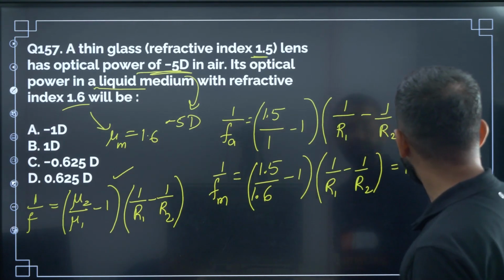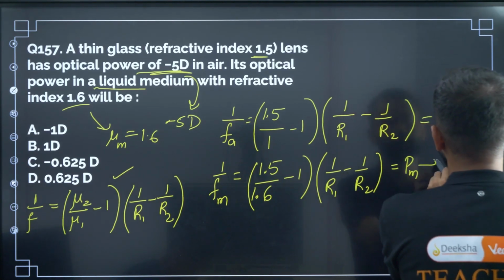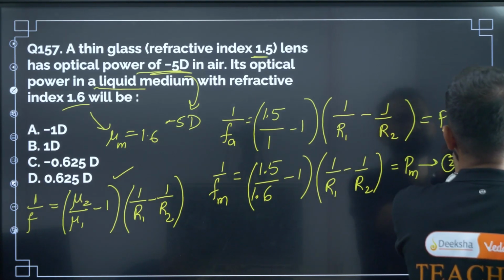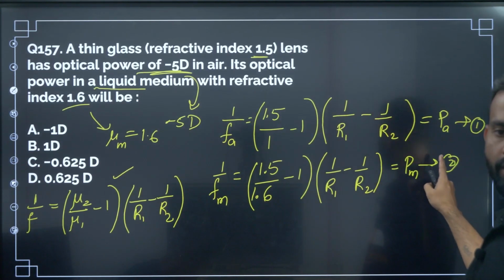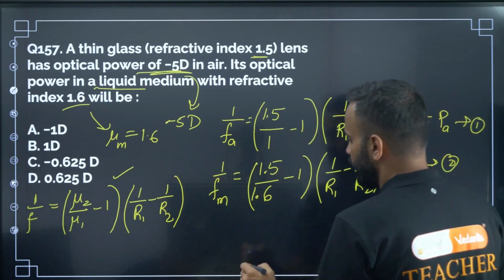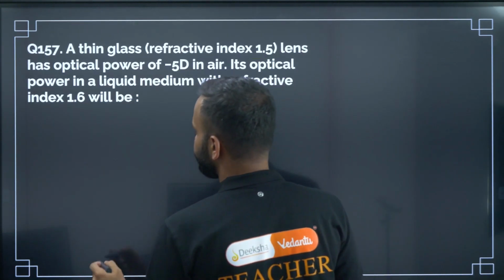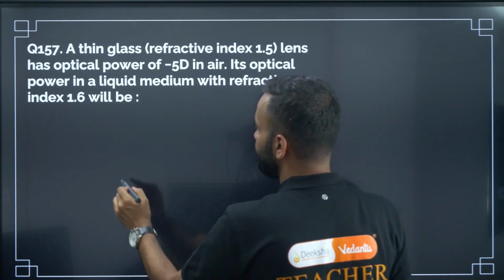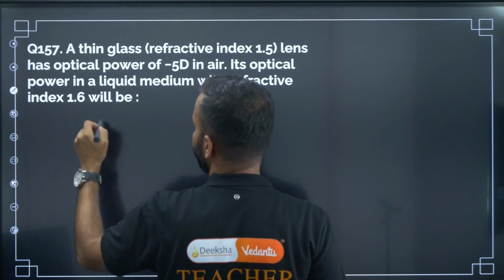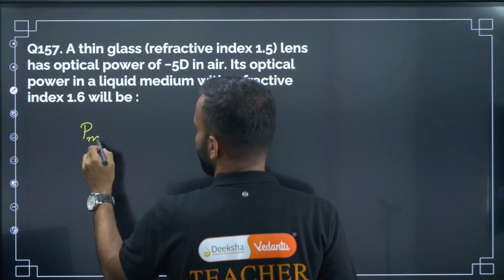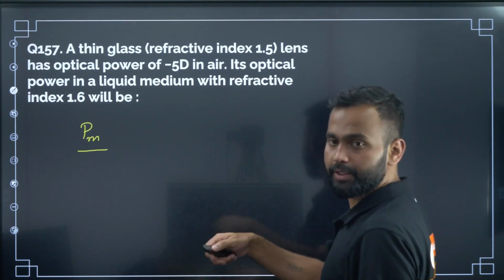Now divide Pm by Pa. Let's say this is equation 2 and equation 1. Divide equation 2 by 1. Pm is the power of the lens when it is immersed in liquid.